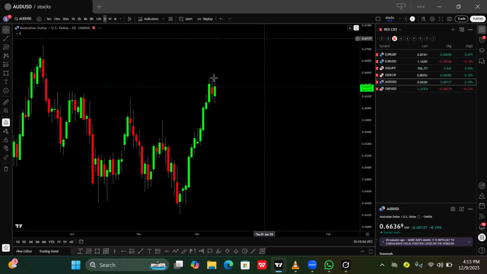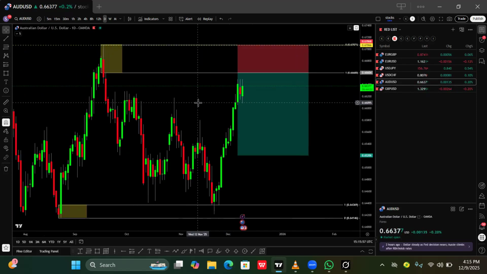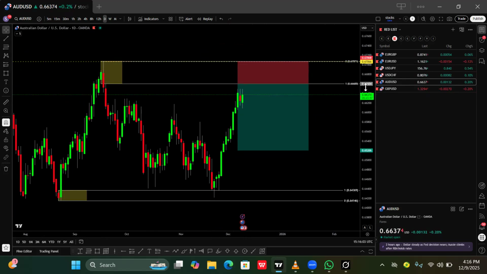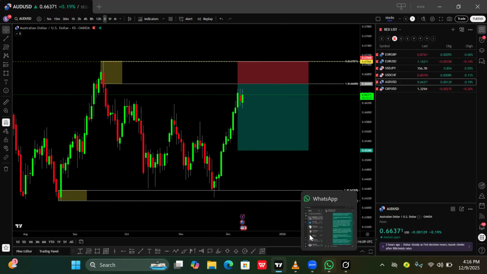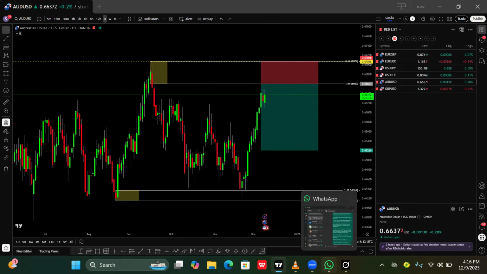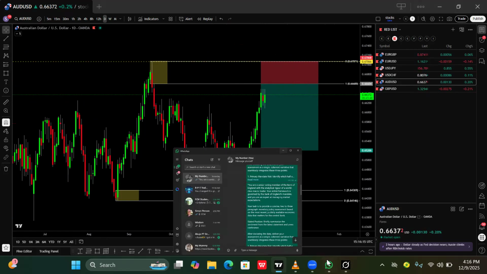Now, another one I'm looking at is the Aussie dollar. The reason why I don't like the Aussie dollar that much compared to GBP USD is that these guys are holding interest rates. Pound is actually dovish. So for me, this, nah. Let's look at them again.